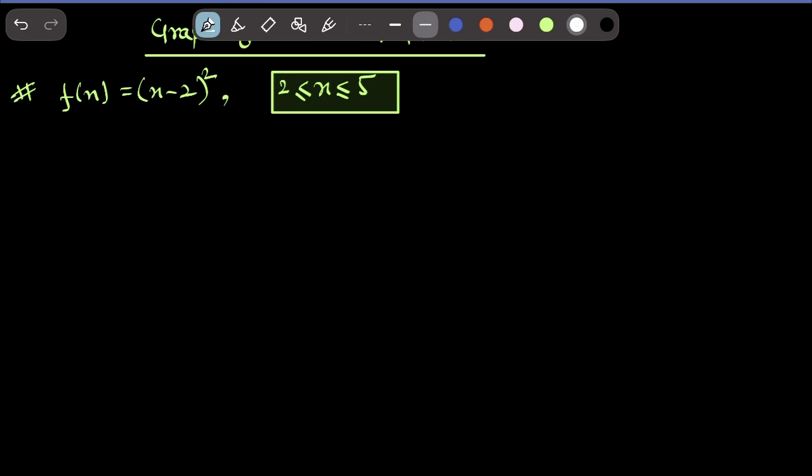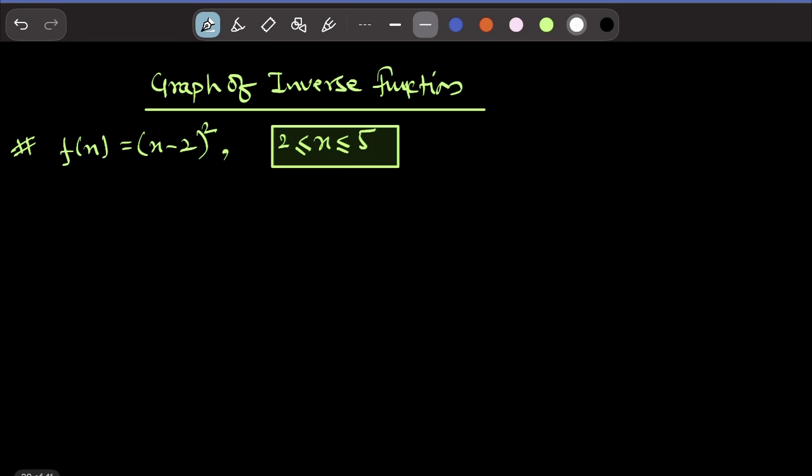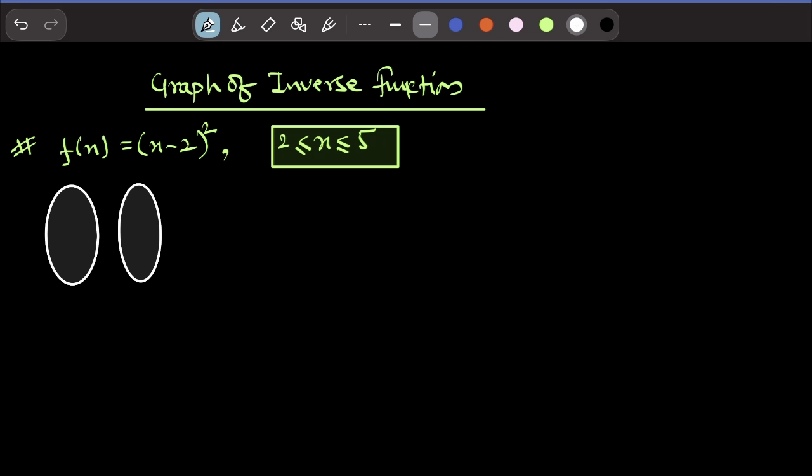Before starting with the solution of a graph of inverse function, let's understand one very important thing. In the mapping diagram, we have gone through with three types of mapping, right? In the first type of mapping, you must have remembered that the one input value was having one output value, right? This was your 1-1 mapping. In the second case, this was your case 1.